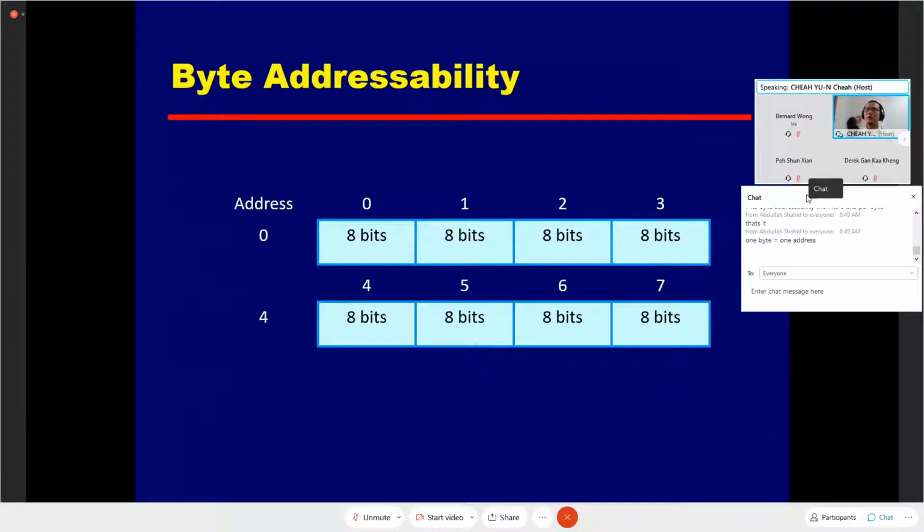The lower address, which is 0, is for the more significant bytes, on the left, and the higher address is for the less significant bytes, on the right. So it goes from 0, 1, 2, 3. To make it easier to remember, big endian means you end with the bigger number, you end with the bigger address.